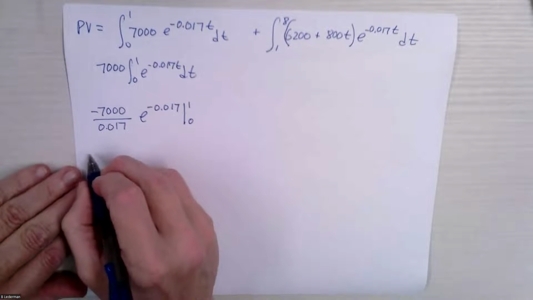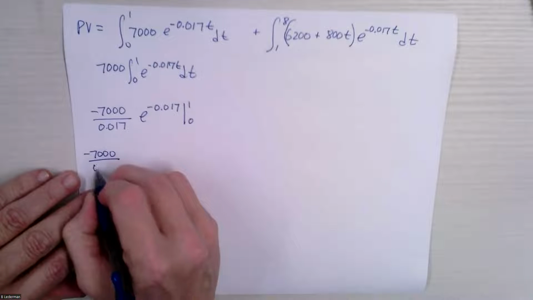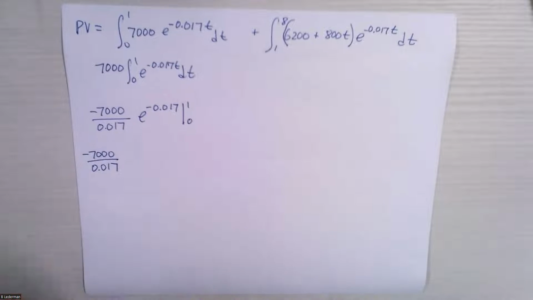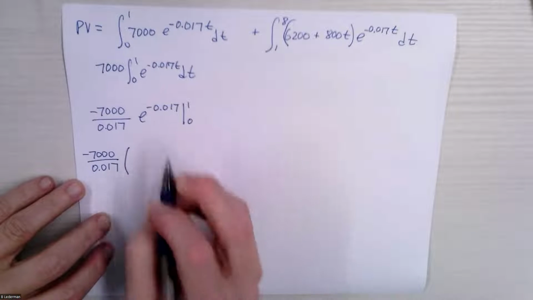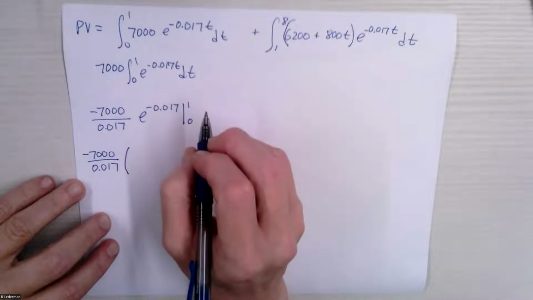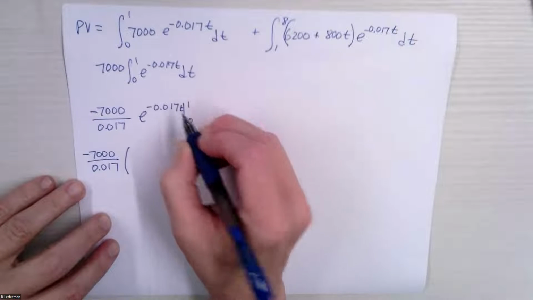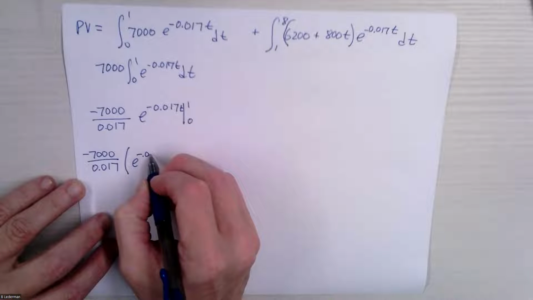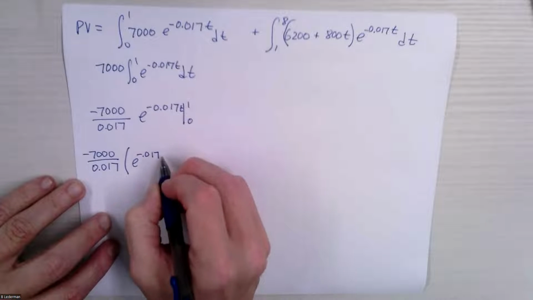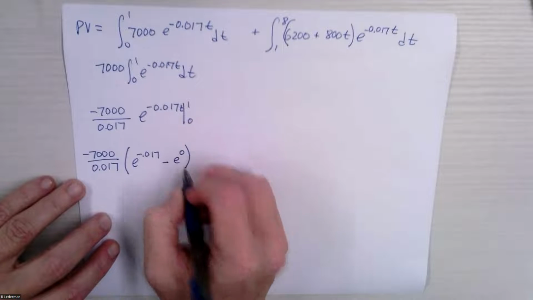And that's going to be equal to negative 7,000 over 0.017 times e to the negative 0.017 minus e to the 0.